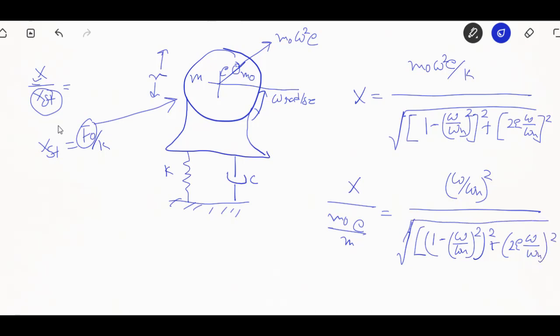Now we have to relate each and every situation, where x is the deflection, to how it depends upon the frequency ratio, and at the same time how it depends upon the damping ratio. Now, if I calculate this here, we move it first.